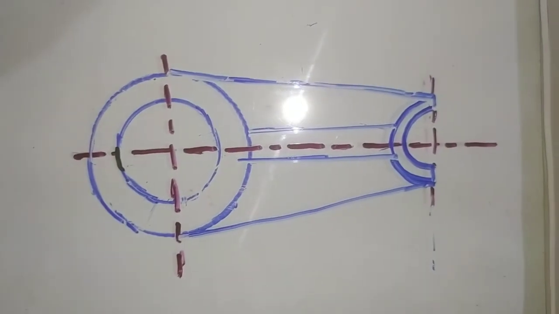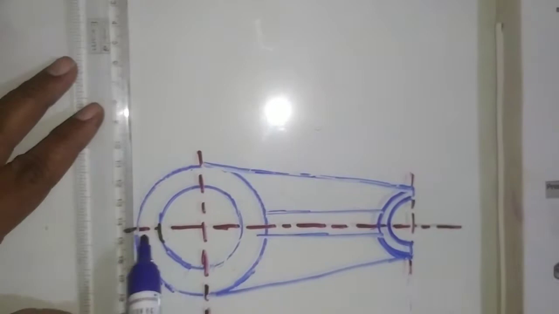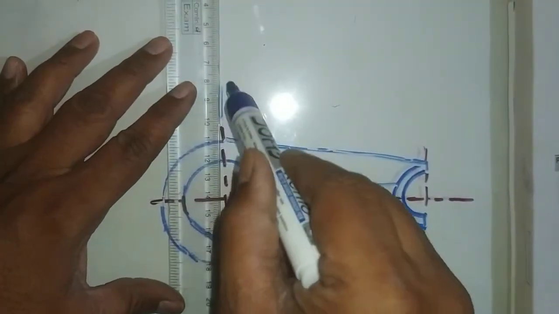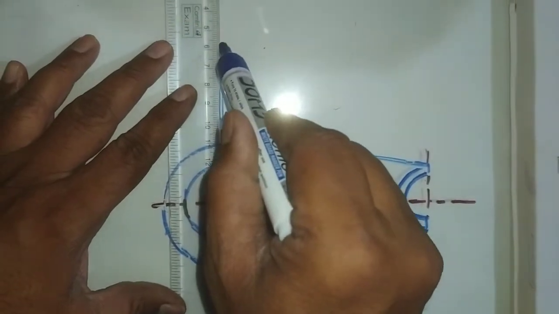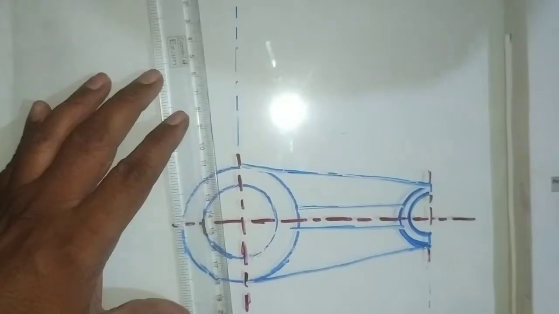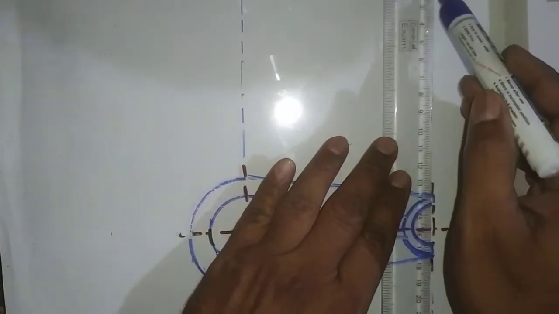Now we will draw the projection lines here. This center line. I will extend the center line first.